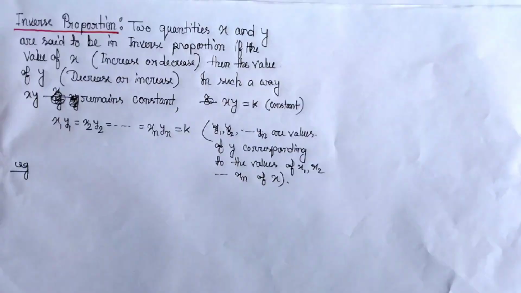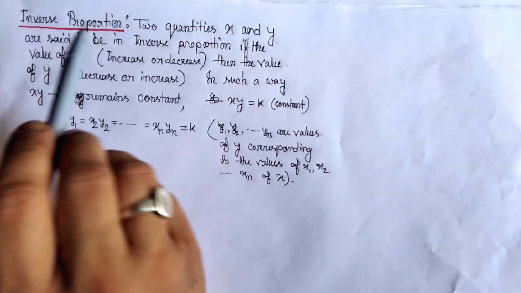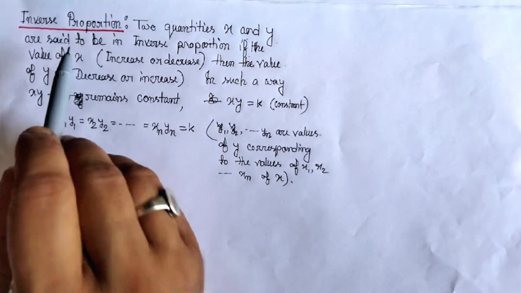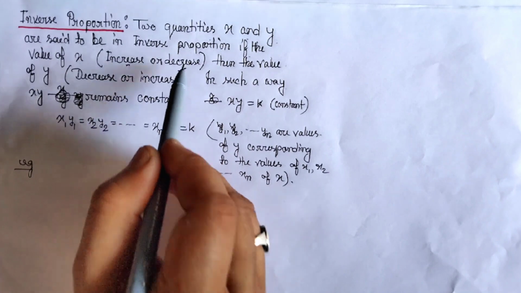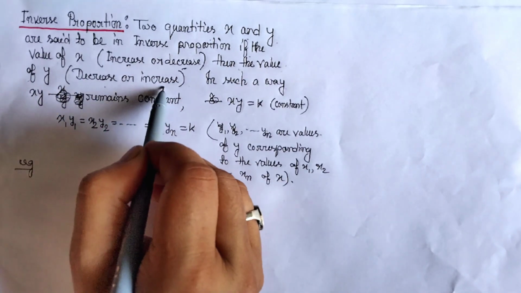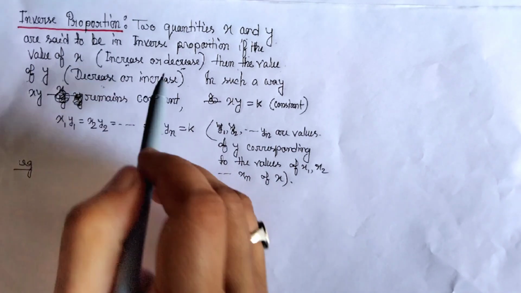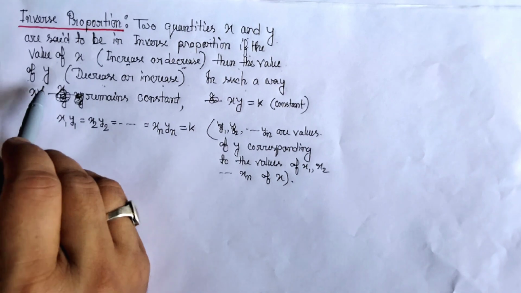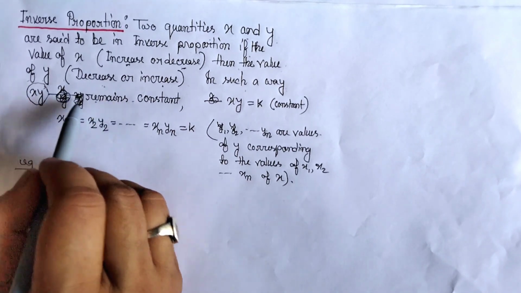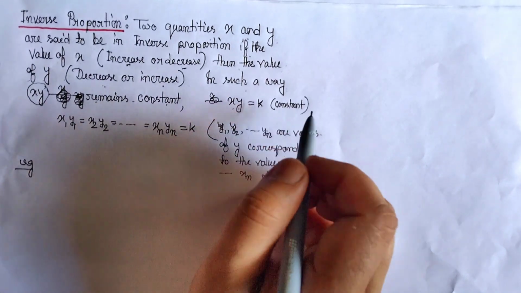Again, in inverse proportion, two quantities x and y are said to be in inverse proportion if the value of x increases or decreases, then the value of y decreases or increases. If one quantity, suppose x, increases in such a way that their product remains constant, that means x into y, their product, is constant.